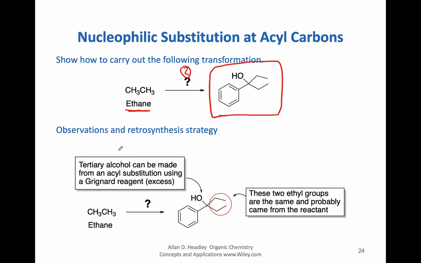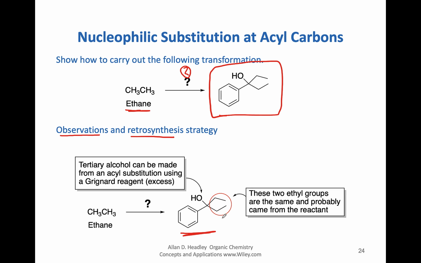So first, as I said, we're scientists, so we have to have a systematic approach. My suggestion is observation and retrosynthesis. Retrosynthesis means you start by looking at the product molecule.